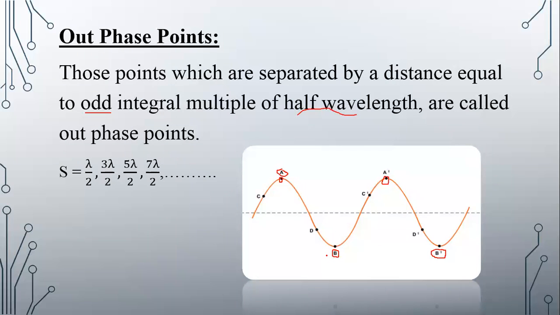So if distance between 2 points is in the form of lambda by 2, 3 lambda by 2, 5 lambda by 2, 7 lambda by 2, then such points are called out phase points. So distance between them should be half wavelength with odd number as a multiple factor 1, 3, 5, 7. So such points are called out phase points. So this is difference between in phase points and out phase points.